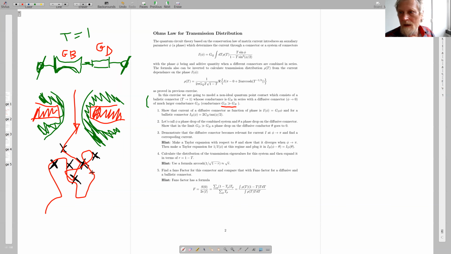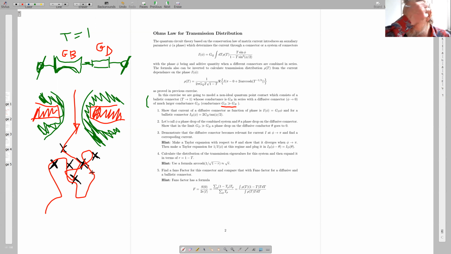Conductance is large, so in principle, if conductance is sufficiently large, I could just replace this connector with a shortcut and forget about it. So we want to do this in a certain approximation. Let us see which steps we are supposed to do.